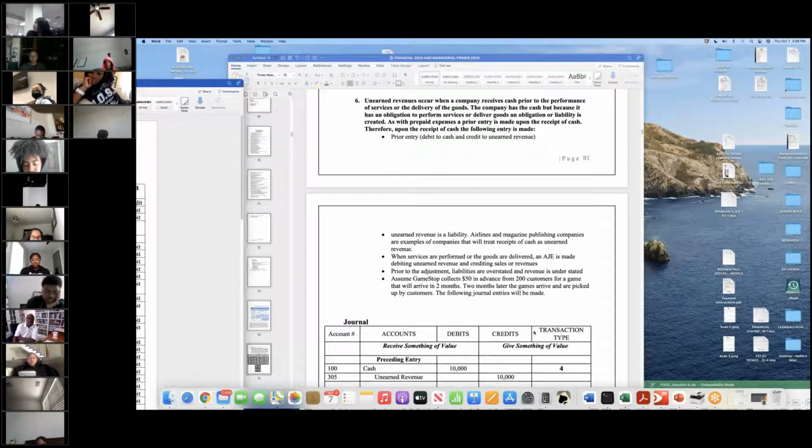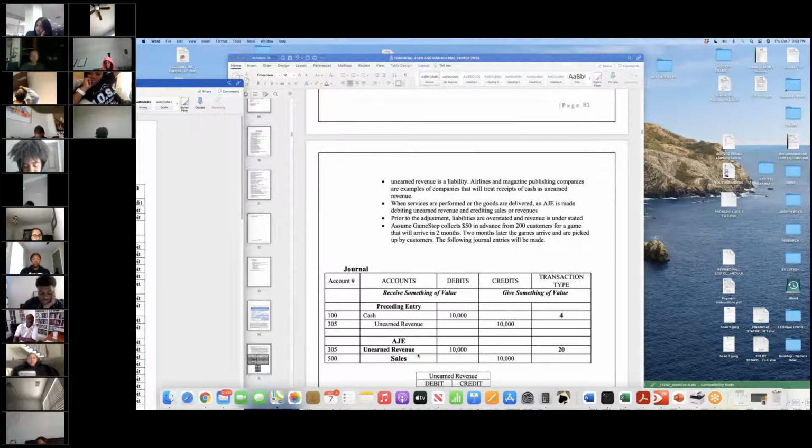Right now you have an unearned revenue account with 10,000, got the cash, but the revenue has been earned now. So we're going to make an adjusting entry, debiting unearned revenue and crediting sales.